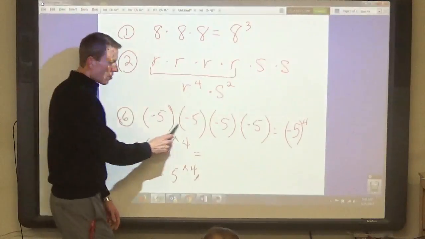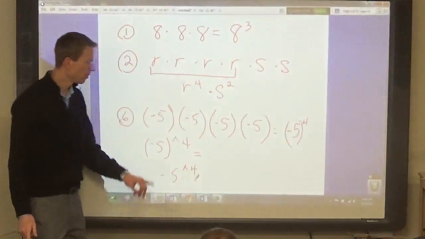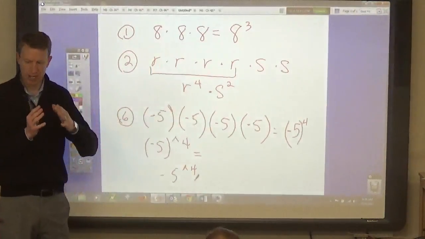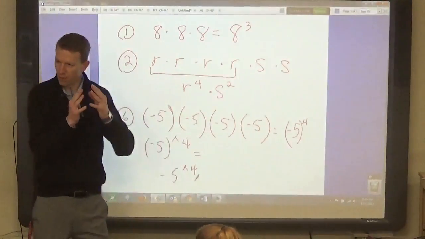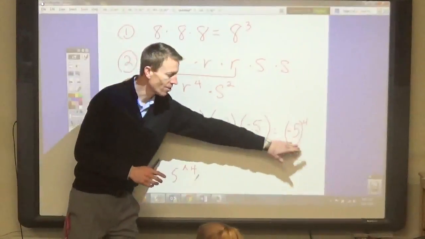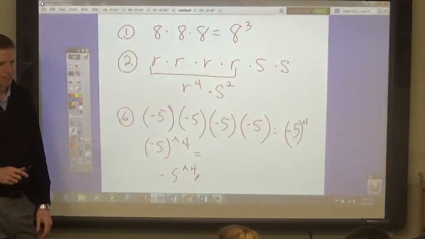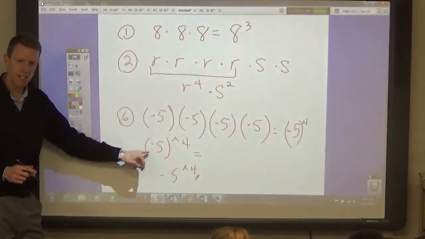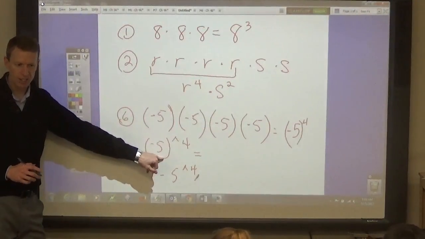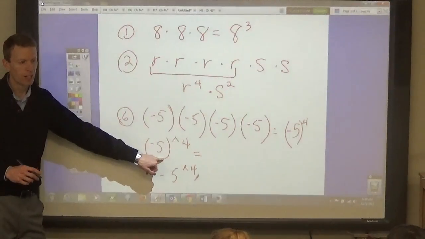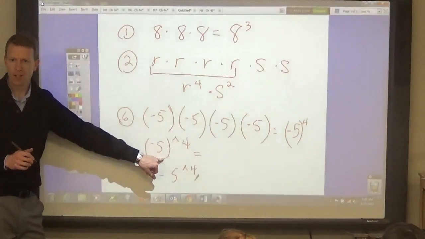So the answer should be positive because we're multiplying negative times negative, which is positive, and negative times negative, which is positive. But you have to put parentheses around it to get it right on your calculator. Okay? Does that make sense? Nod your head if you understand that.